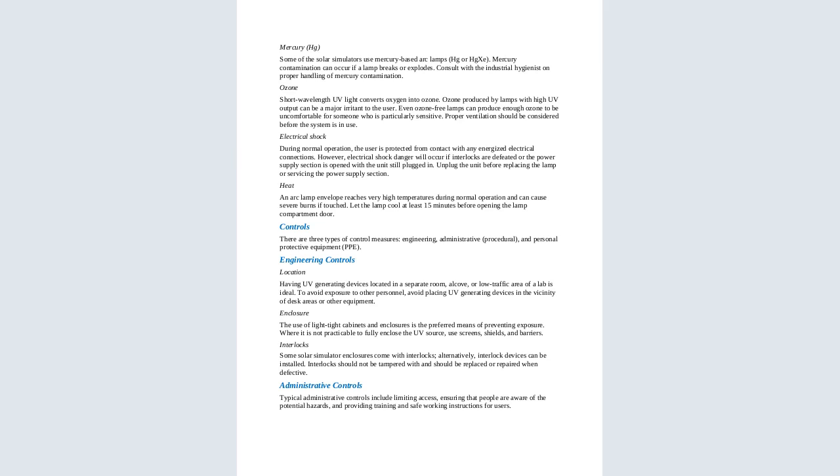So electrical shock is one of the other things that can be caused by these lamps. During normal operation, the user is protected from contact with energized electrical connections. However, electrical shock danger will occur if interlocks are defeated and the power supply is opened with the unit still plugged in.